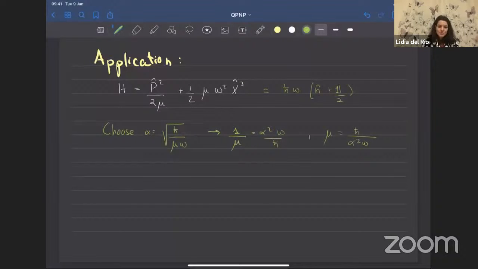So first we will just simplify the Hamiltonian, but still keep it in terms of p and x.